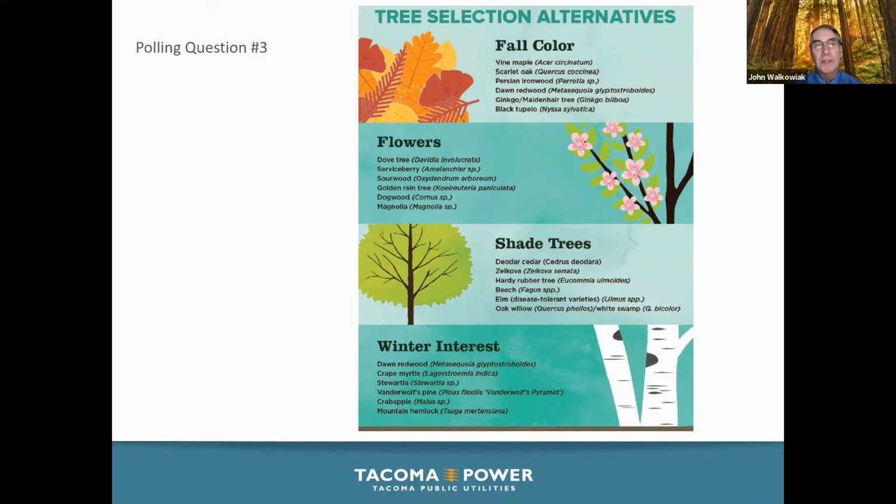You can see some of the shade trees that are there, and some of them sound very exotic. One of my favorite ones is called the hardy rubber tree, and it's really a cool thing. And then trees of interest that have really colorful bark or characteristics, and you can see some there. So there's lots of opportunities.